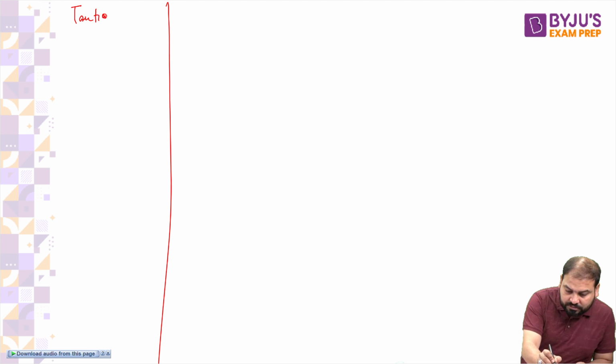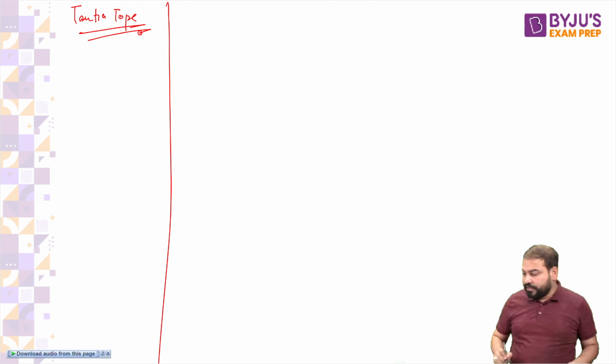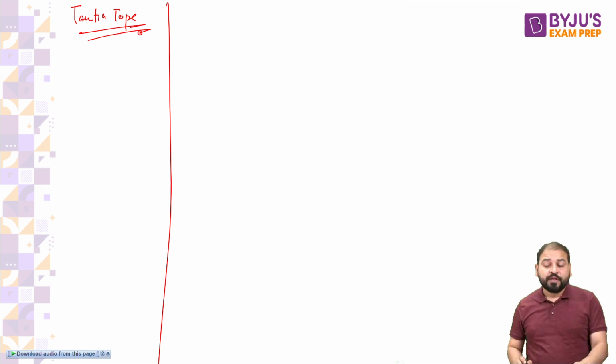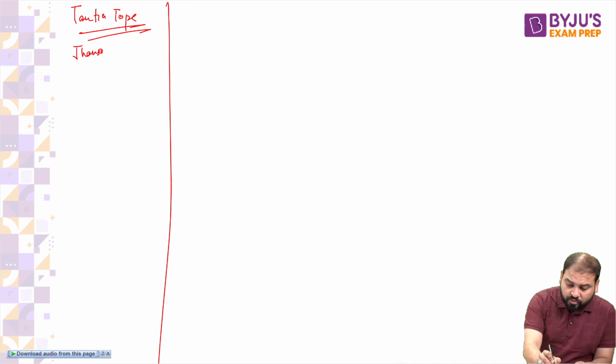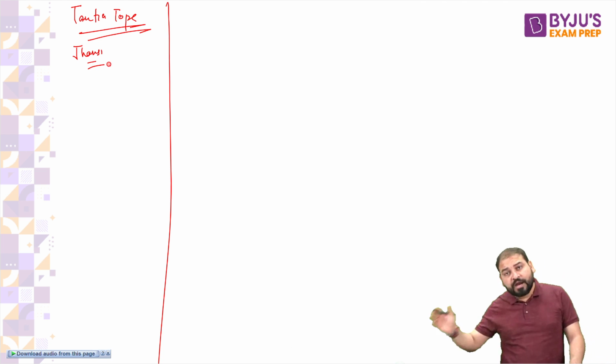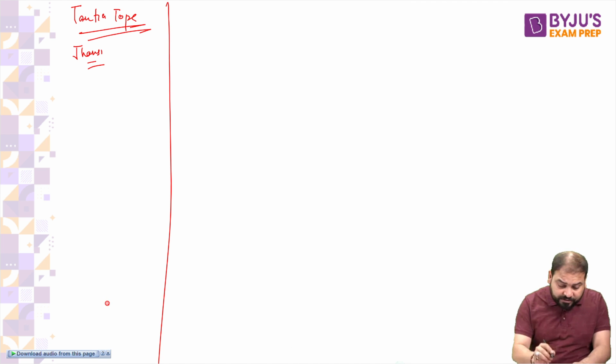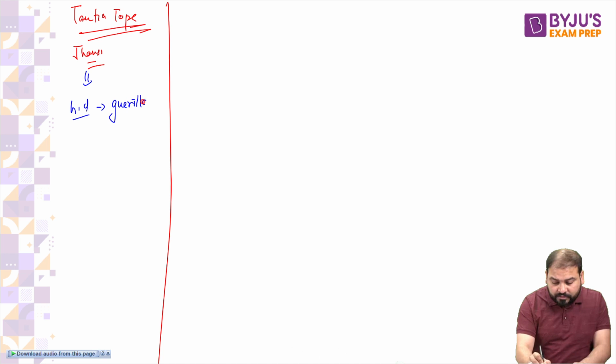Everyone, Tantia Tope initially helped Nana Sahib. Then, as I said, he came to Jhansi to help Rani Lakshmibai. But after her defeat, he hid and got involved in guerrilla warfare.